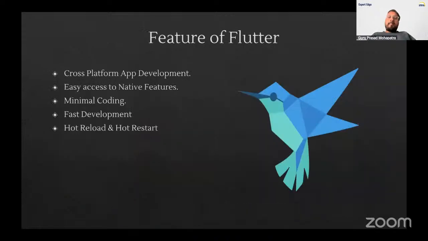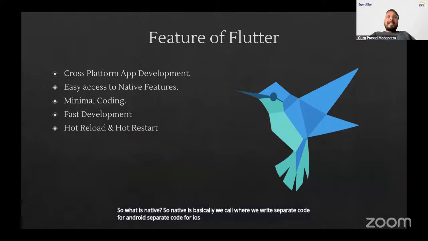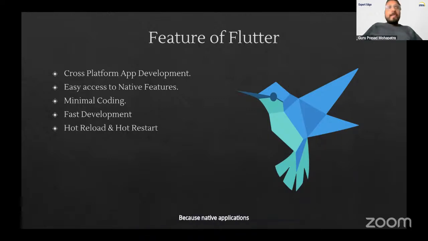Features of Flutter: cross-platform app development, and of course, easy access to native features. What is native? Native is where we write separate code for Android and separate code for iOS. You will ask me, sir, if everything is good with Flutter and React Native, why do those native frameworks still exist? Because native applications are fast in adapting to the sensors and hardware of the system.